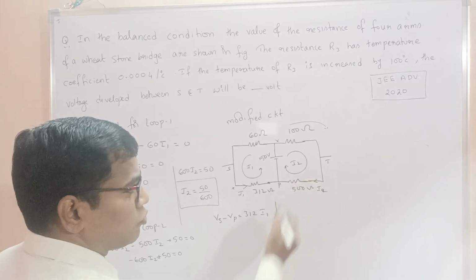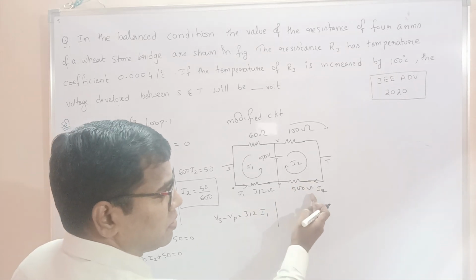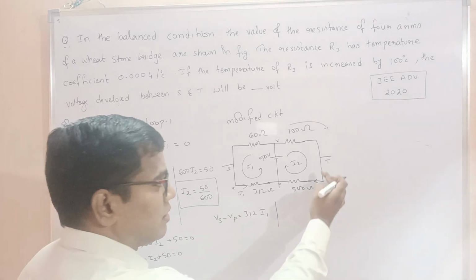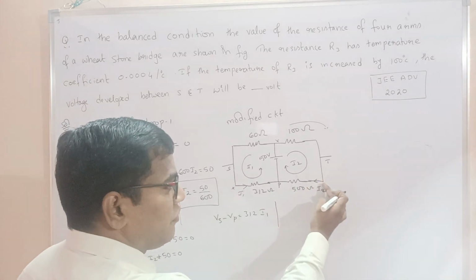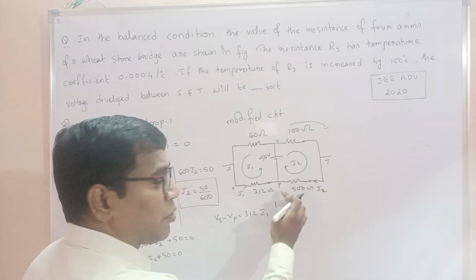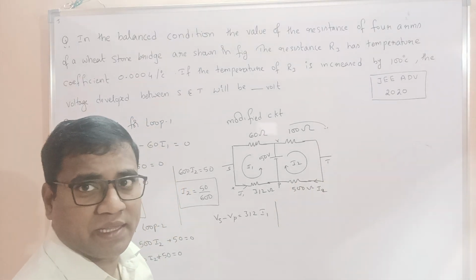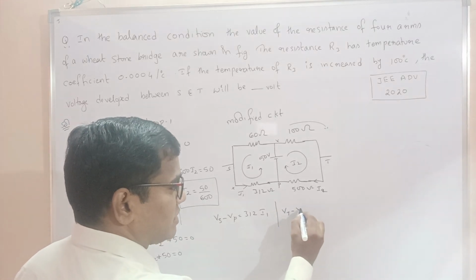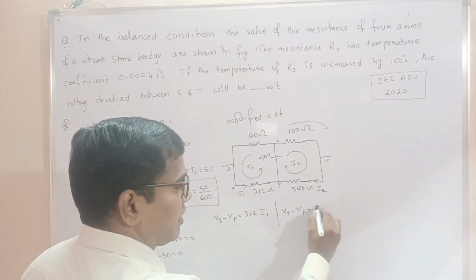Similarly, I will write for loop 2. In loop 2, current is moving from T to P. If current is moving from T to P, potential at T is greater than the potential at P. So we will write here Vt minus Vp is equal to 500 I2.